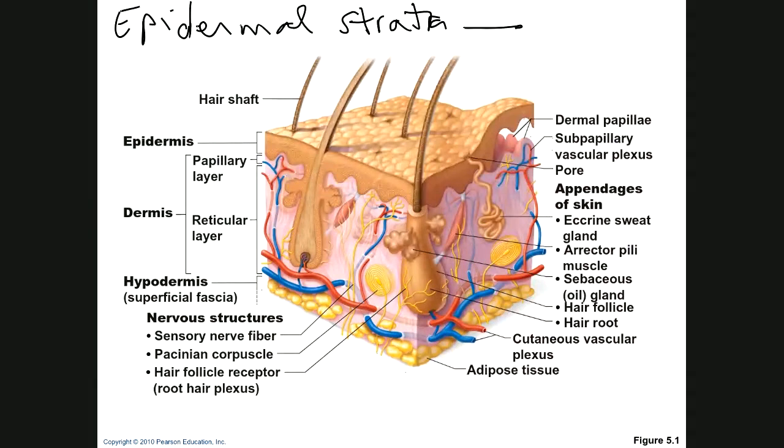Those are epidermal strata. So if a question asks in which epidermal strata do we find Langerhans cells, for example, and one of the options is papillary layer, well, don't choose that option. That option is obviously not epidermal strata. Okay, that is dermal layer.